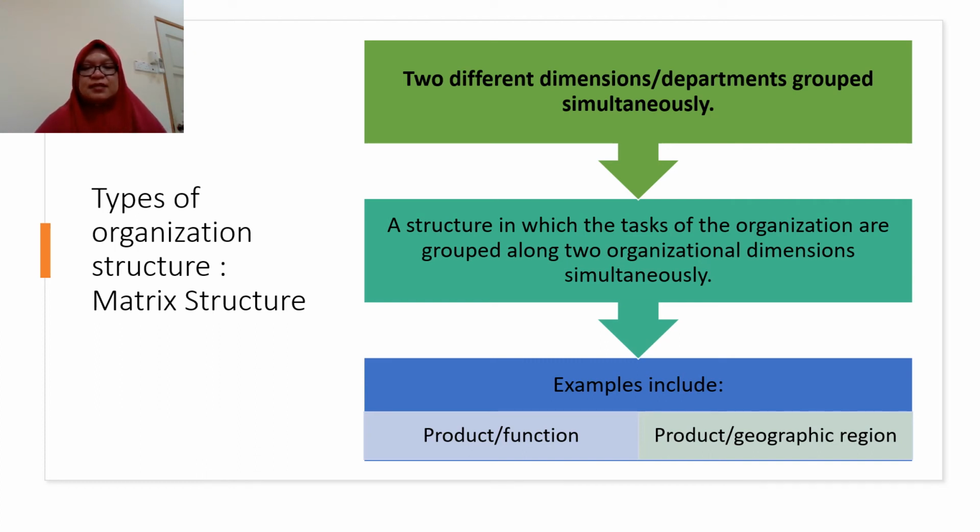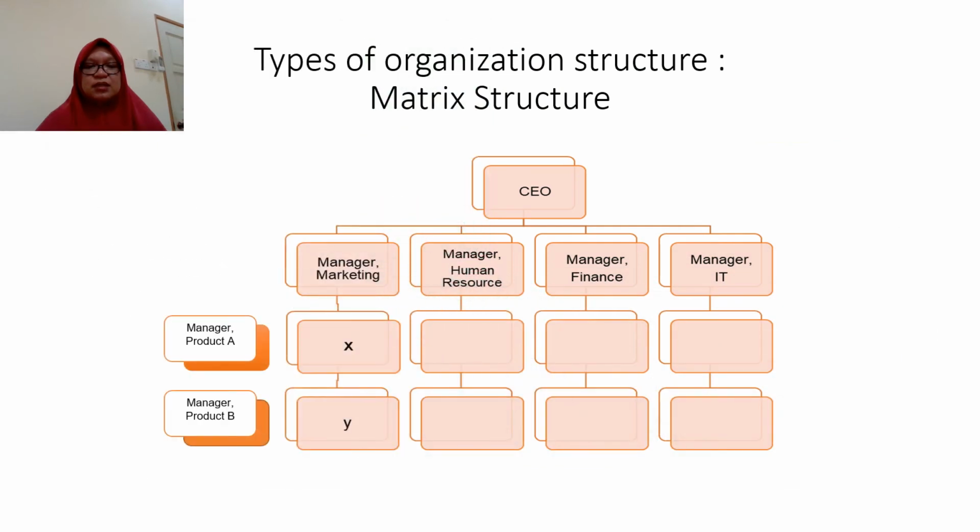Let's see the example. Here we have an example for matrix structure. Here we have the chart. These are the departments: marketing, human resource, finance, and IT. This is the structure based on function. And here we have product A, product B. This is the product structure.